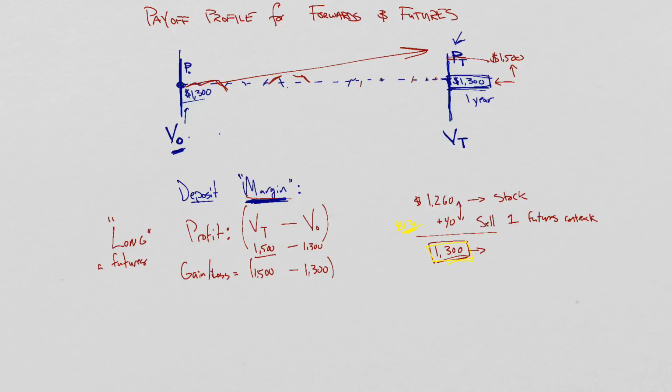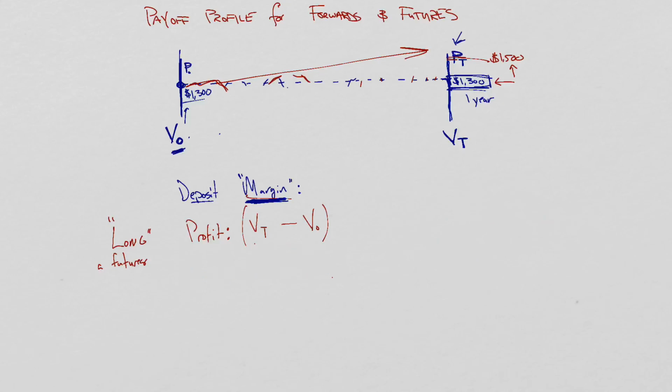But you can take the other side of this. You can position yourself such that you actually make a profit when Google's stock price falls. And we call that shorting. Short, or oftentimes in the context of futures and forwards, sell a futures contract.